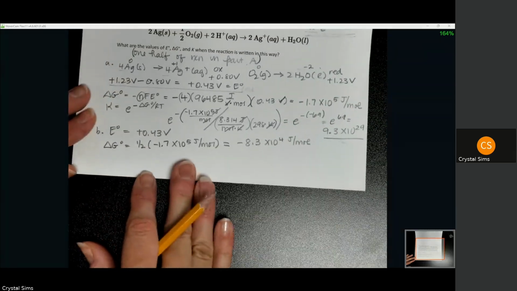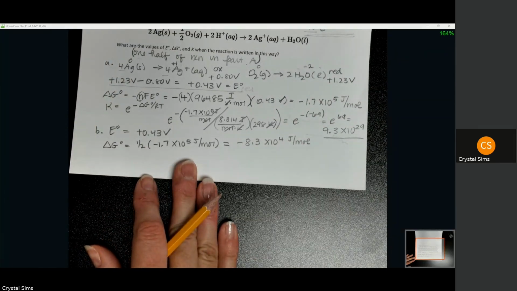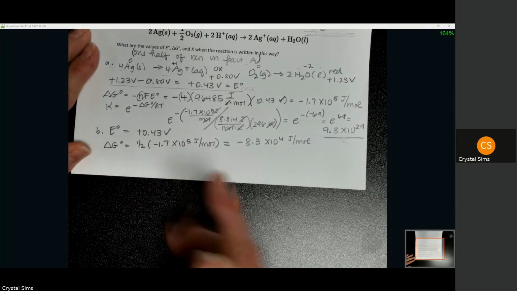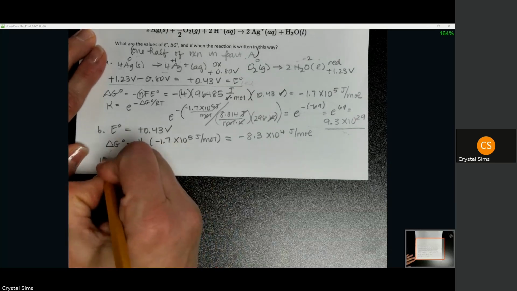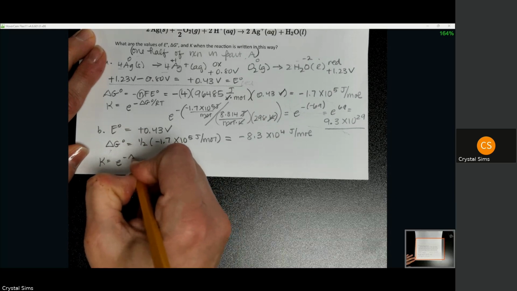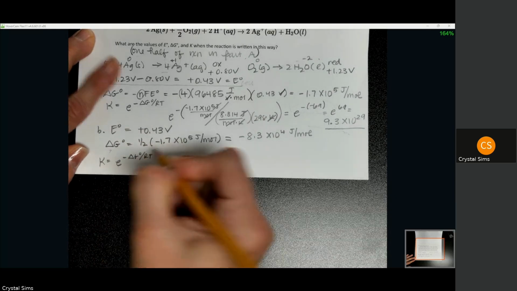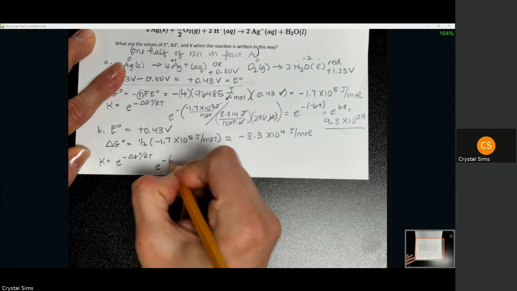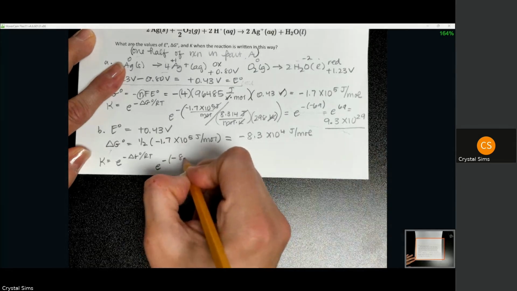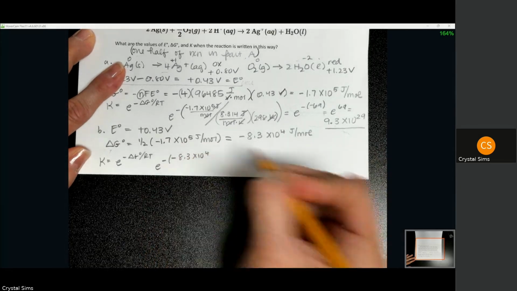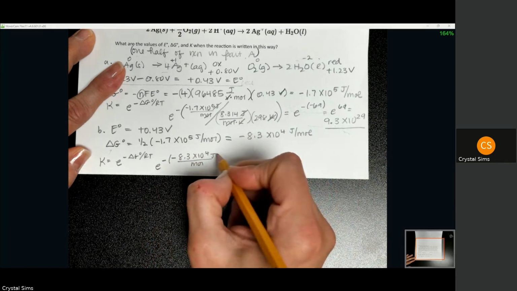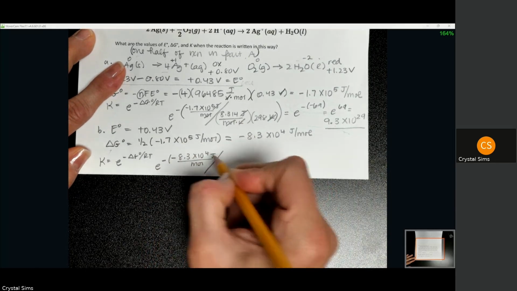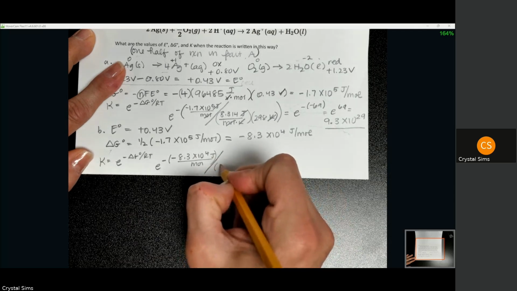However, the equilibrium constant is not that easy. We're going to have to recalculate the entire equilibrium constant because our value of delta G changed. So I'm going to plug in my new value of delta G. Everything else is the same.